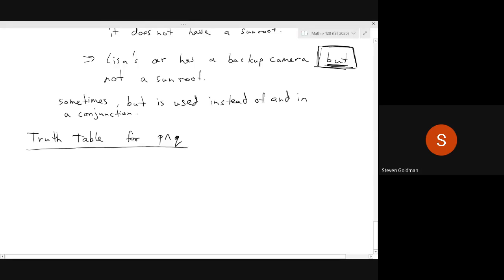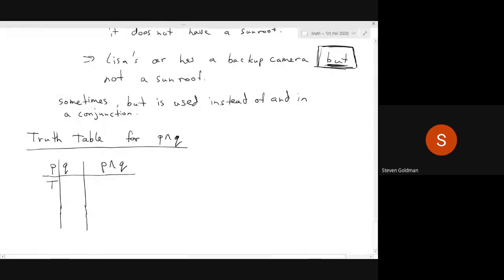Here, my variables are P and Q. So I write a column for P and a column for Q. Okay, and then after that, I write a column for the conjunction P and Q.